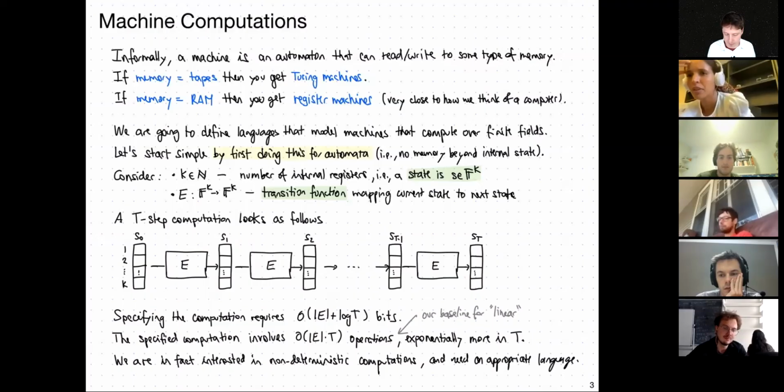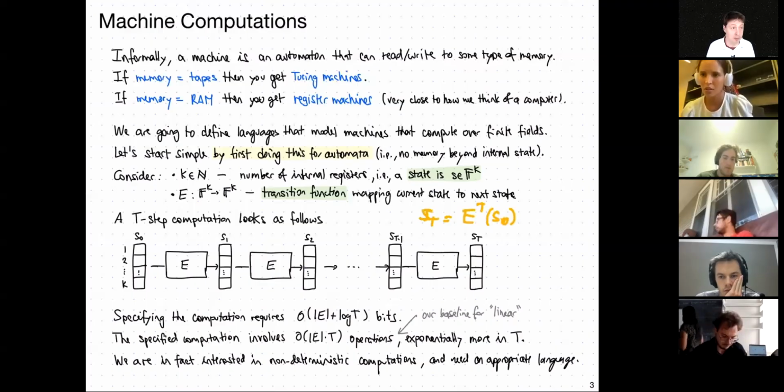Sorry, I'm a bit lost with the role of the machine here. This is the kind of computation we want to prove. So we want to prove statements of the form S_T equals e to the t of f0. This is an automata computation.